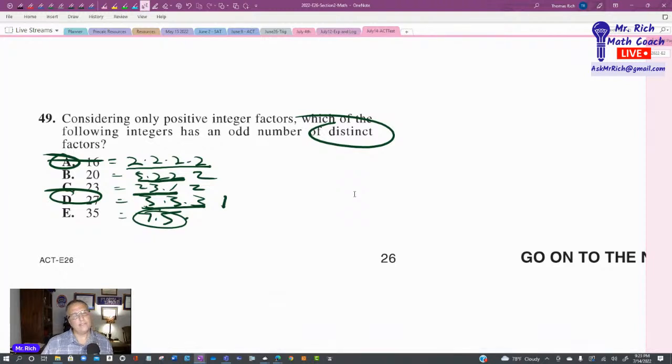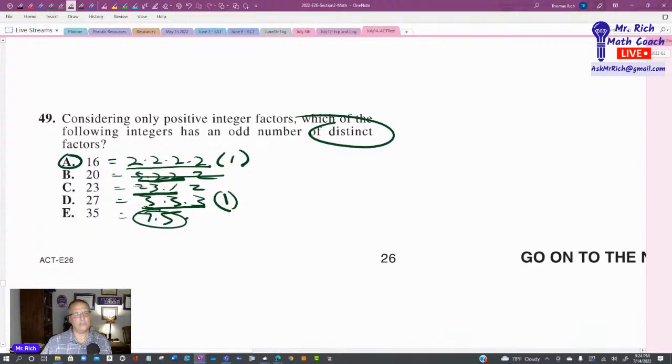49 is A. The answer to this is A. An odd number of distinct factors. 16 is 2 to the 4th. 27 is 3 to the 3rd. This has only one distinct factor, but so does this.